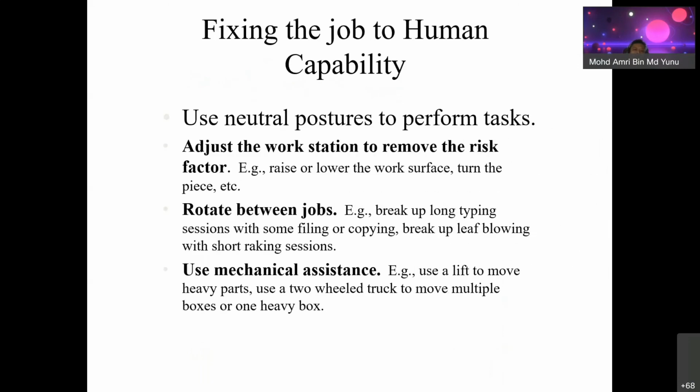So these are some of the things we can do to avoid ergonomic risk factors.